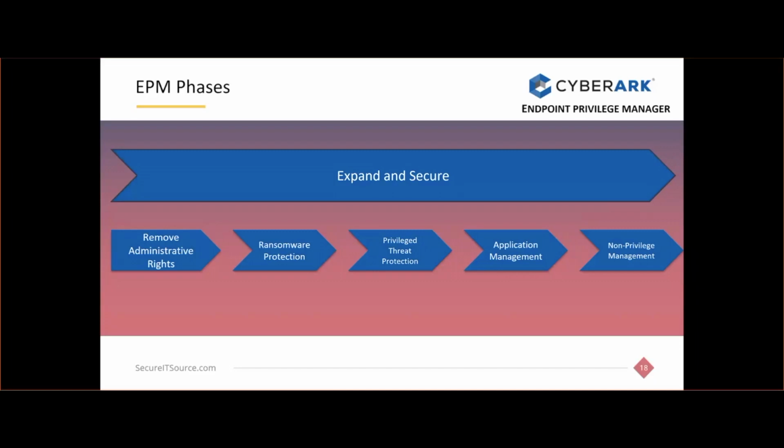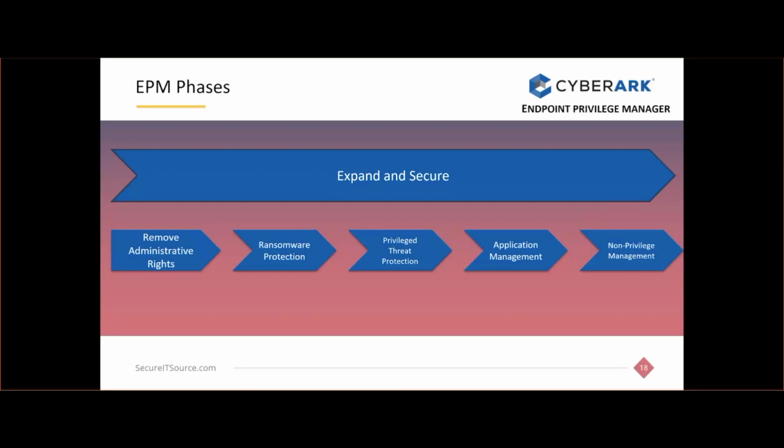Now, this just checks the box. We're not fully secure where we want to be, but we're able to implement a strategy that goes specific to that issue. We can strip administrative rights, check the box, but make sure that everybody's working. It all depends on the organization's deadlines and what they need to have accomplished.